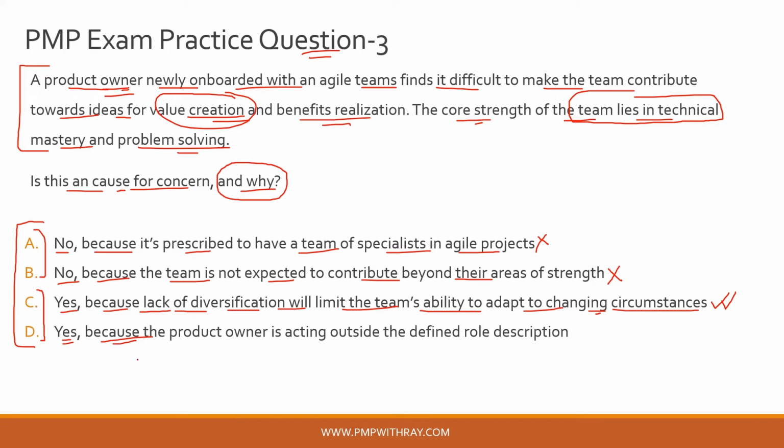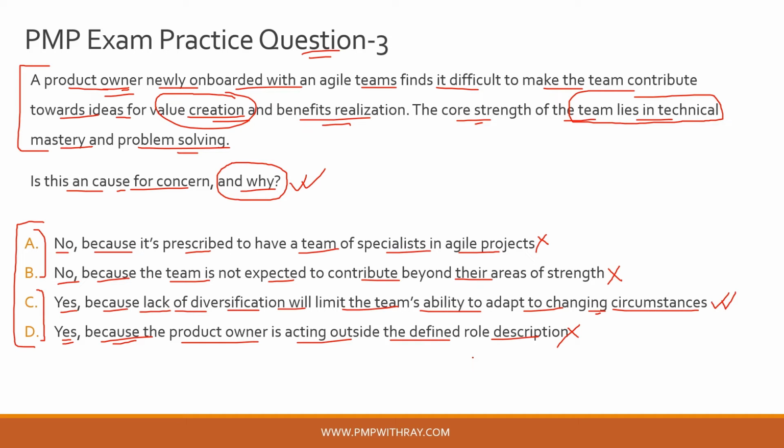Yes, so it is also saying that yes, it is a cause of concern, but let's look at the reasoning of why it is a concern. Because the product owner is acting outside the defined role description. Incorrect, right? The product owner is nowhere acting outside their defined role description in this scenario.